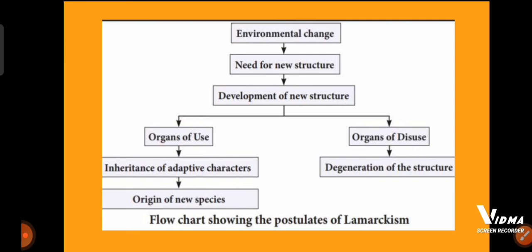First one is environmental change, then need for new structure, यानी कि acquired characters और use और disuse of characters हो गया, new needs आई, फिर development of new structures, में some organs are of use and organs of disuse. ठीक है, then inheritance of adaptive characters and origin of new species, and if the organs of disuse, then degeneration of structure. जो डिसयूज़ होगा ऑर्गन वो डिजनरेशन हो जाएगा, फाइनली उसकी डिप्लीशन हो जाएगी, वो प्रोजनी टू प्रोजनी पास नहीं होगा. ओके, this is a very important slide.